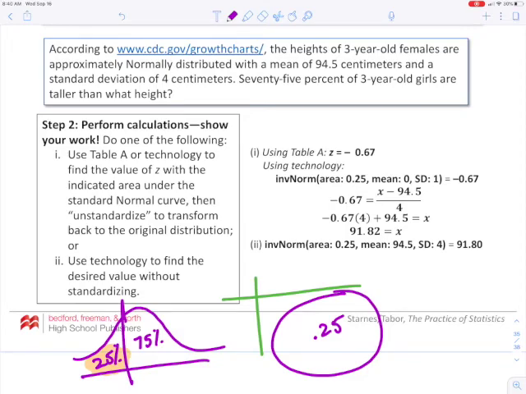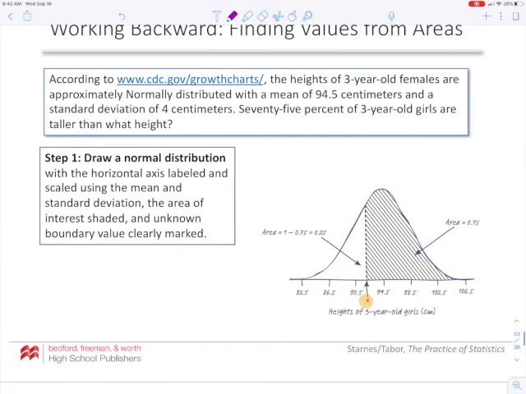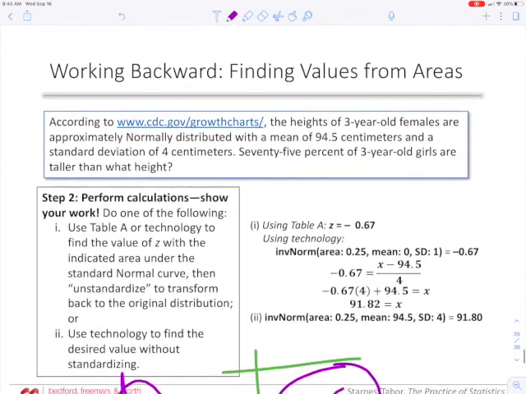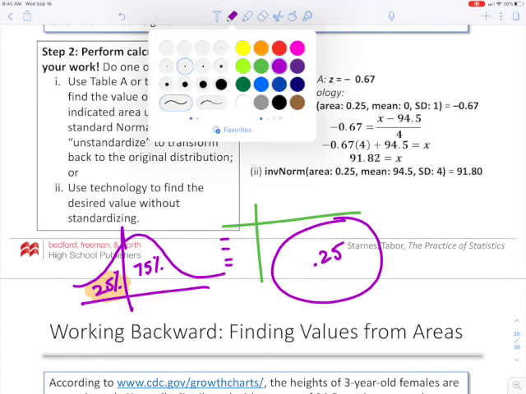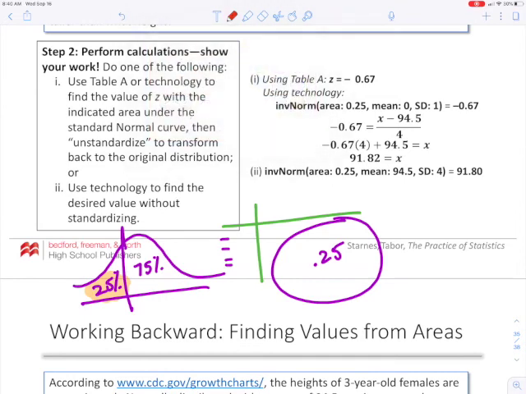We noticed before that it's to the left of the mean, so it's going to be a negative value. You need to make sure you're looking at the negative side of your table. Then when you find that value, you work your way outside to get the z-score. So you should be getting z is negative 0.67.